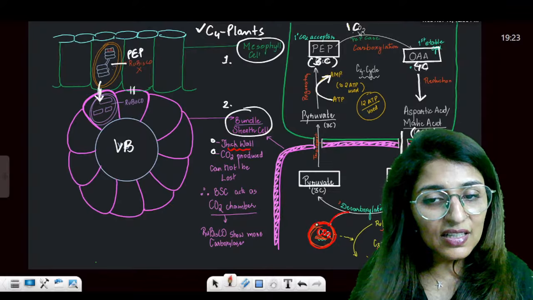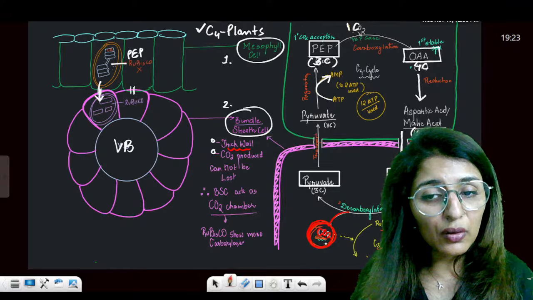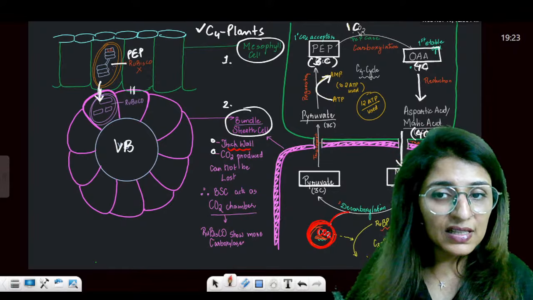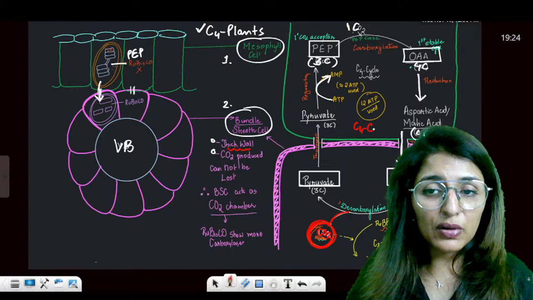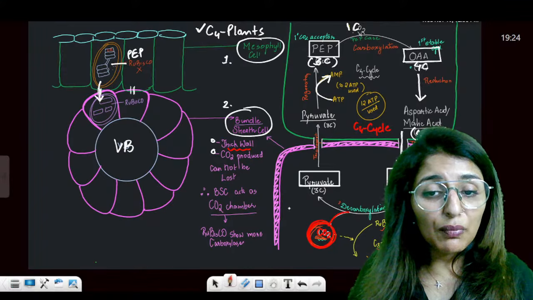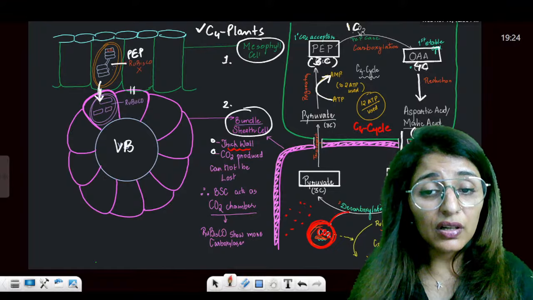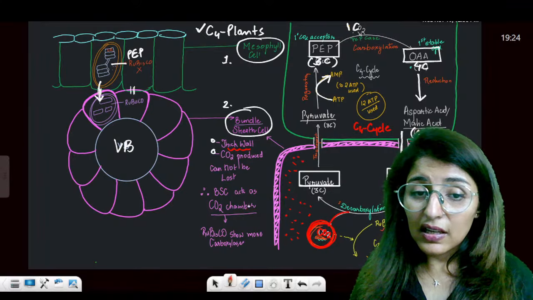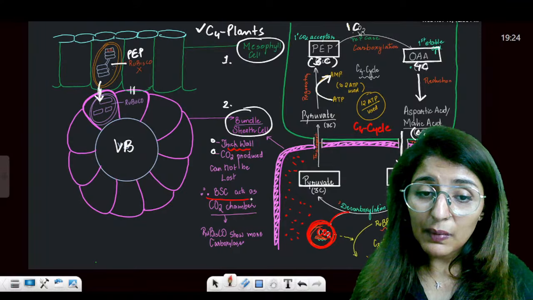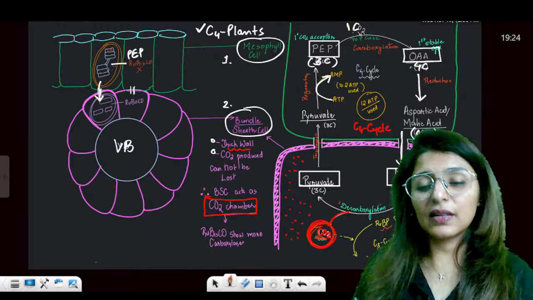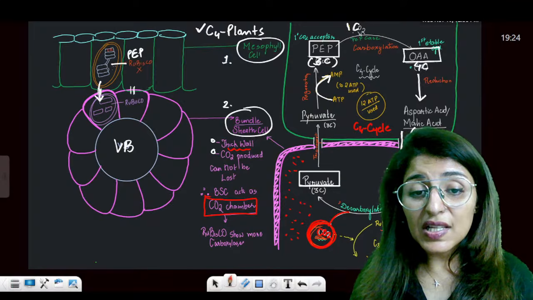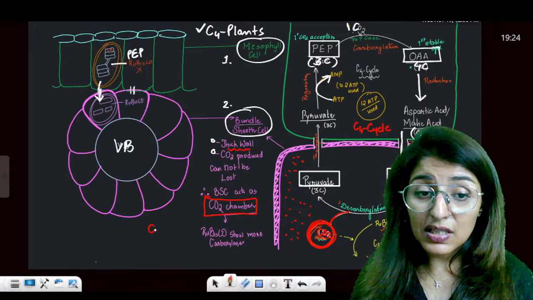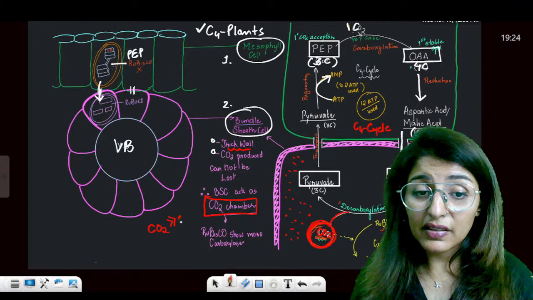Now, when the CO2 is being produced regularly as a result of this C4 cycle, right, and this CO2 is filling the bundle sheath cell, the bundle sheath cell becomes a carbon dioxide chamber. Can we say that? So the CO2 concentration is much higher than oxygen.